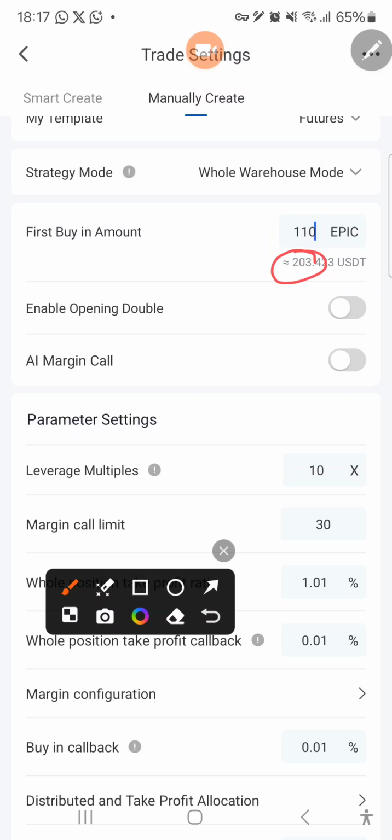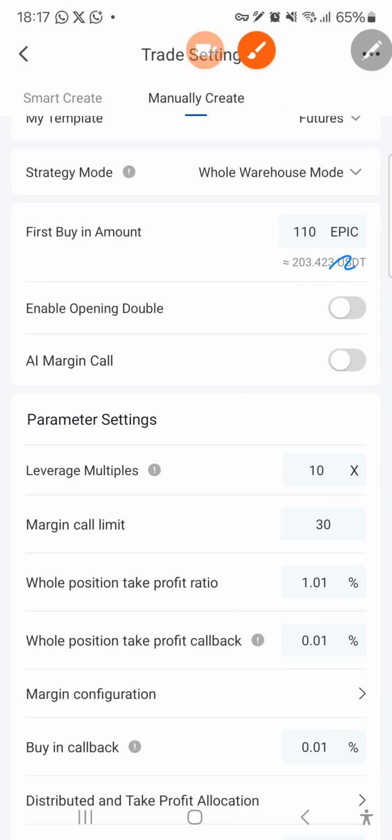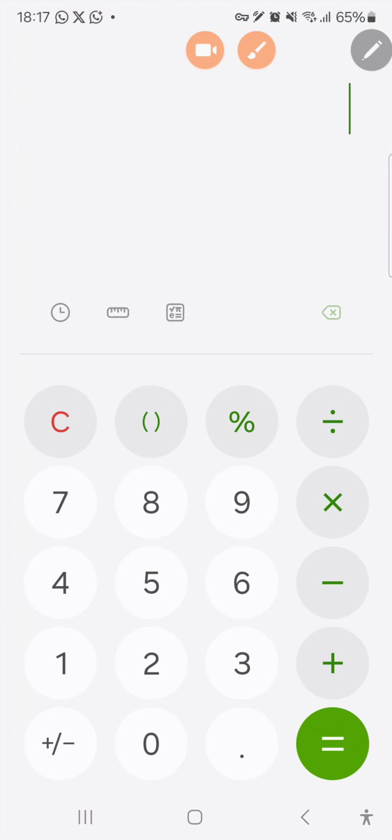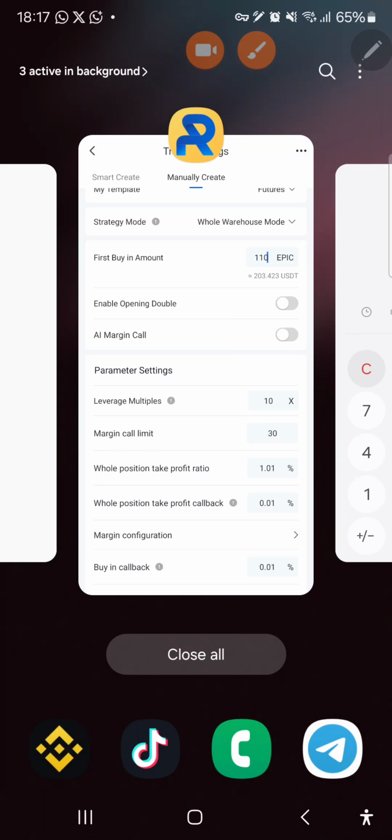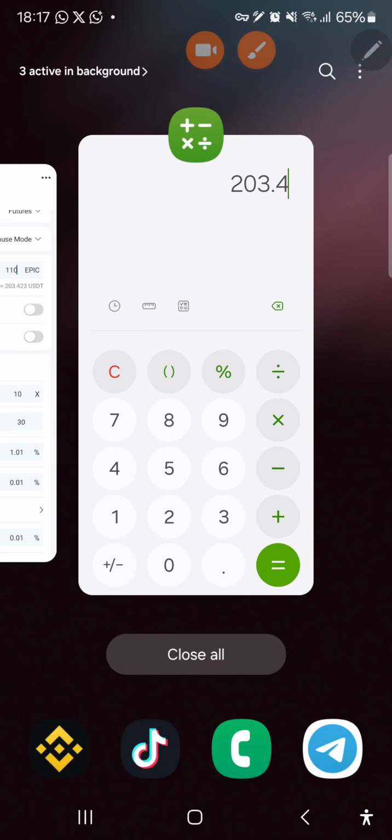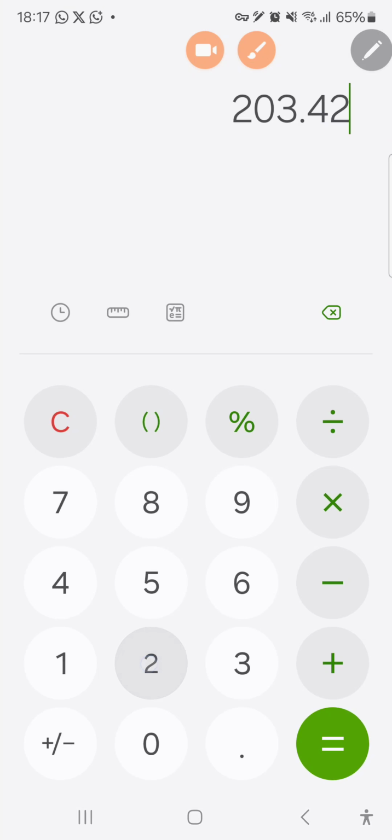Now, the amount of USDT they have given us is 203.423. We come to my calculator. The amount of USDT is 203.423.